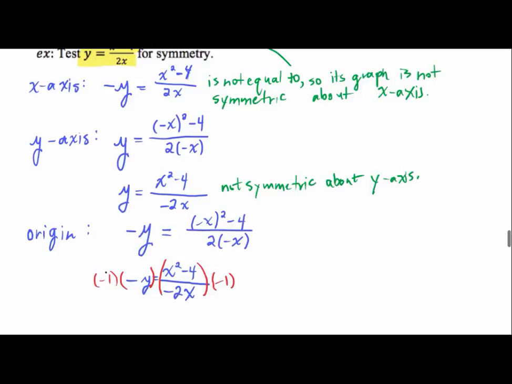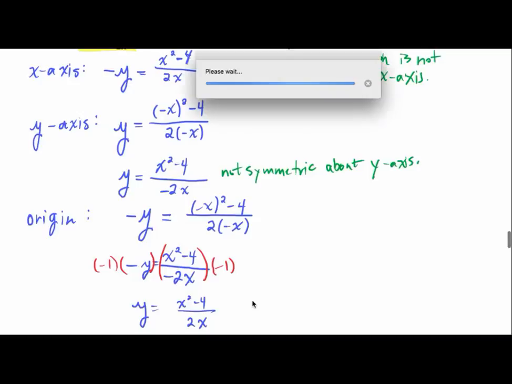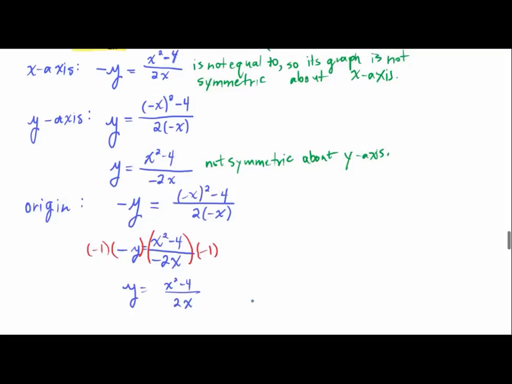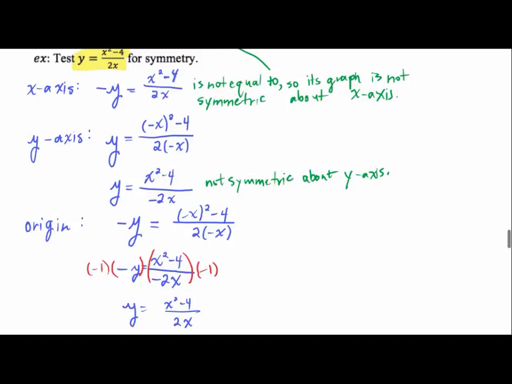That negative cancels with that negative, and the negative in the denominator on the right cancels with the negative in red, so we get y equals (x squared minus 4) over 2x, which I can't seem to fit all on the screen. I guess I can zoom out a little. Okay, but that is the exact same as the original equation. So this one is symmetric about the origin.